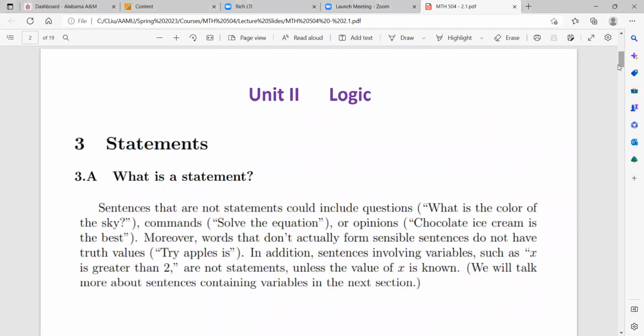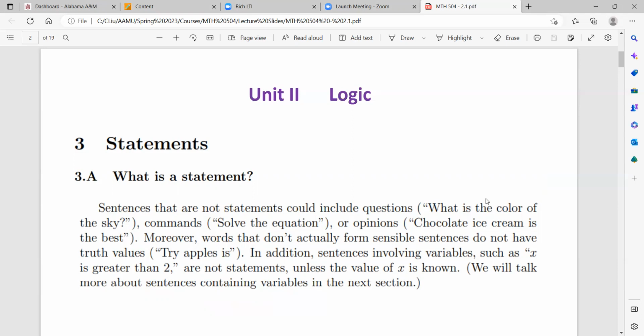So there are a lot of situations where sentences do not make statements. Those sentences could be questions. What is the color of the sky, for example? It's not a statement. It does not have a truth value.